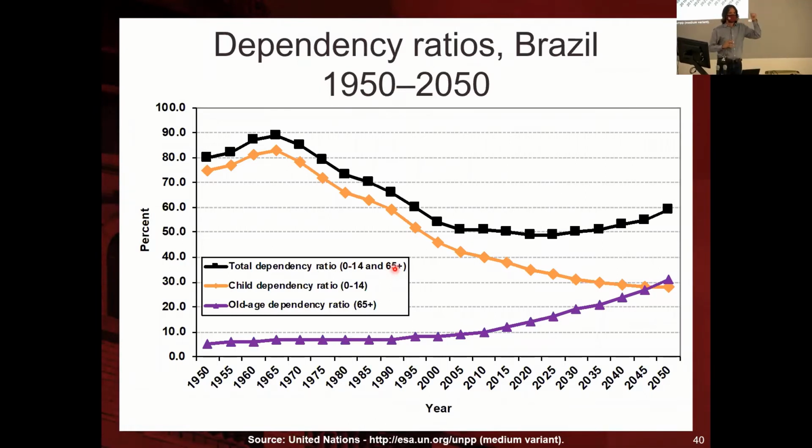So if I looked ahead in that kind of data and I say, okay, so I still have a lot of children here, but the child dependency ratio is declining. But if I invest in education for these children, when they get into the working age group, they will have higher educational attainment, and that will increase productivity in the country.